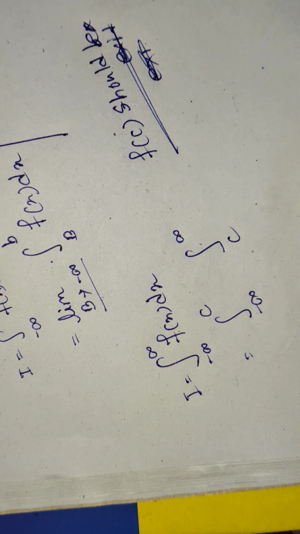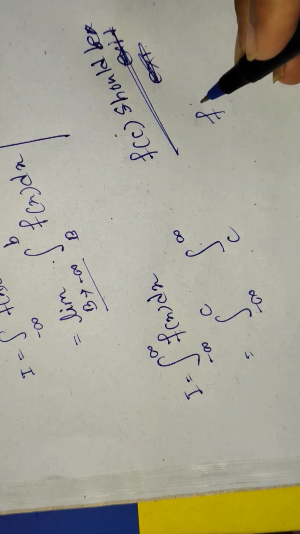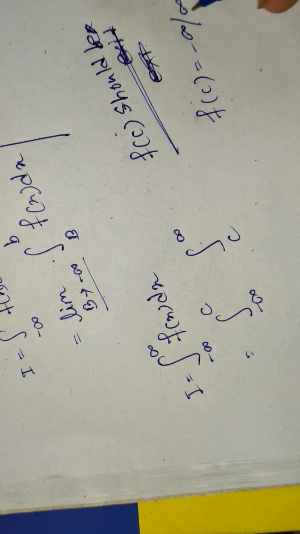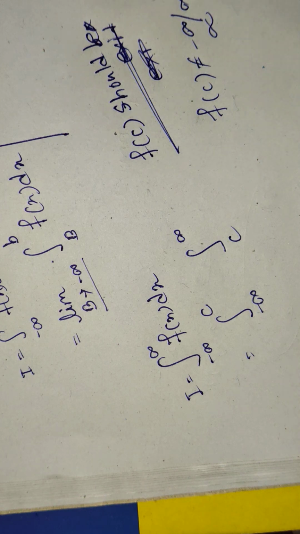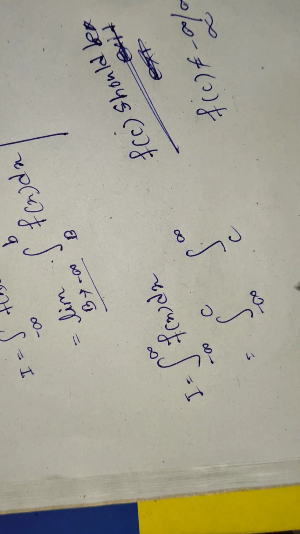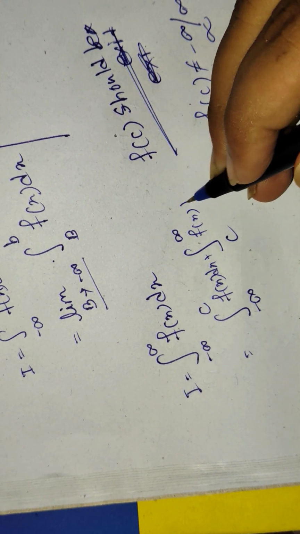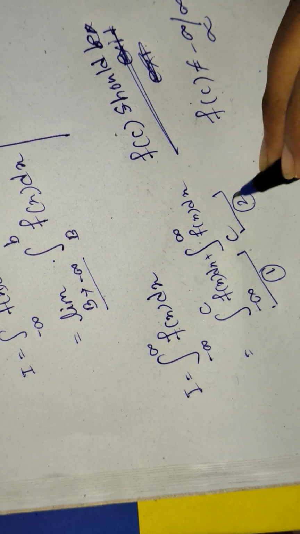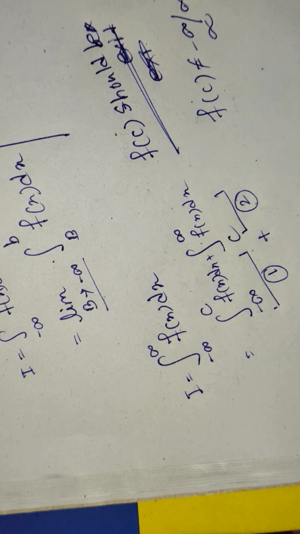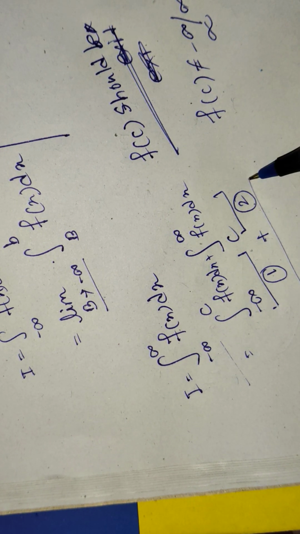It should be bounded at that point, it is not like f(c) is infinity or undefined or something like that. This should not happen. Hopefully you can understand. Now there will be the integral of f(x) dx plus the integral of f(x) dx. You can see this is subtype 1 and this is subtype 2, so subtype 1 plus subtype 2. For solving this kind of integral we will use this approach.